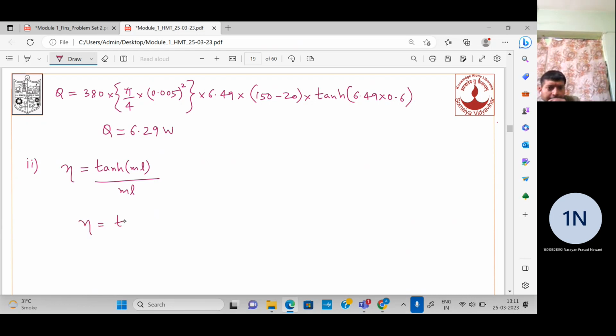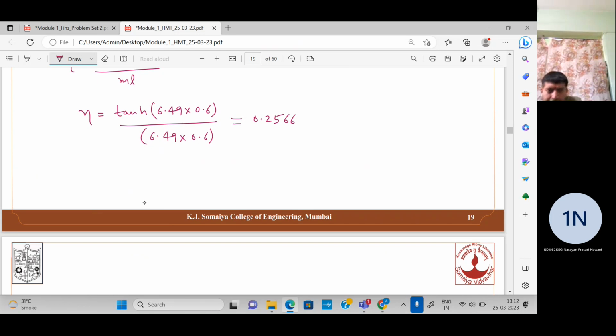Just put the values. tanh of m, 6.49, into L, 0.6 meters, divided by m, 6.49, into L, that is 0.6. So just calculate this. The answer is 0.2566. Multiply by 100, so that means the efficiency is 25.66%. Okay, so this is the answer.